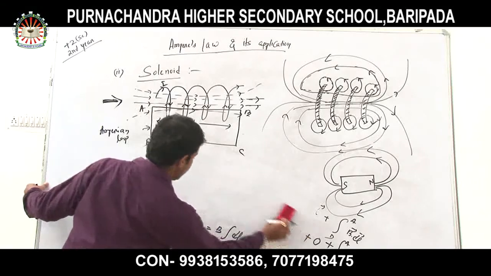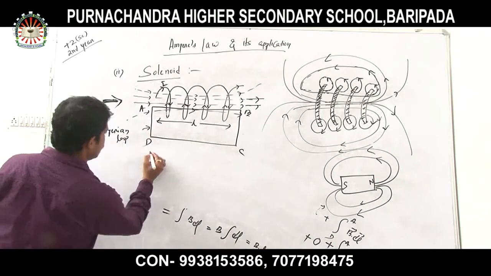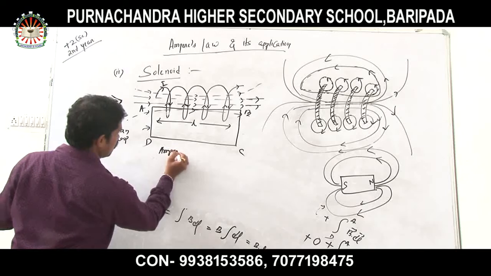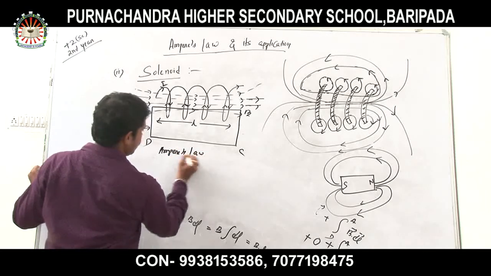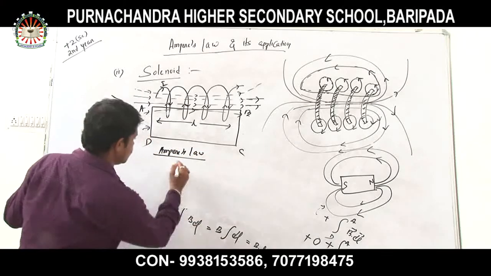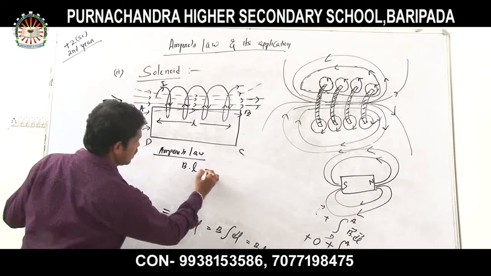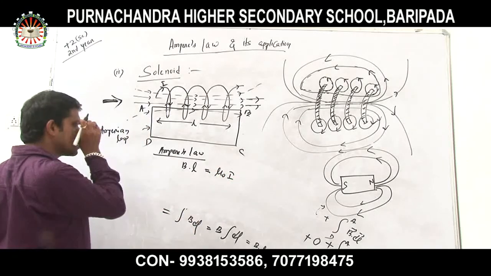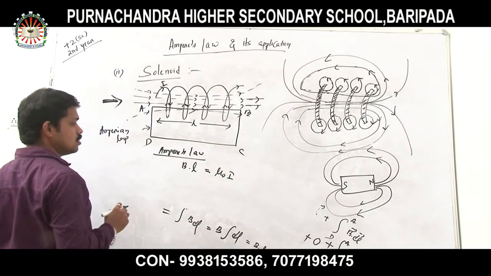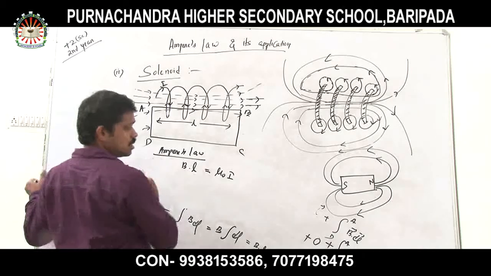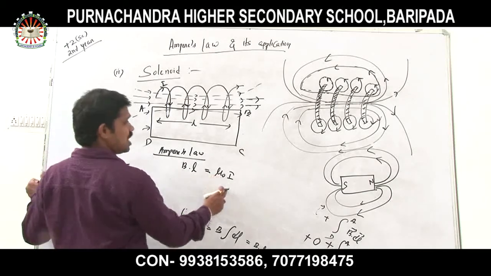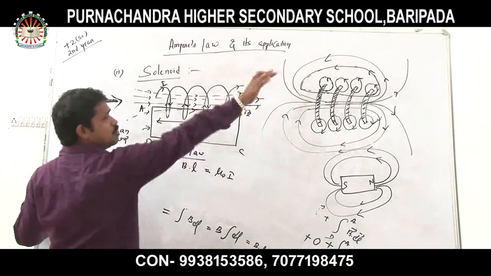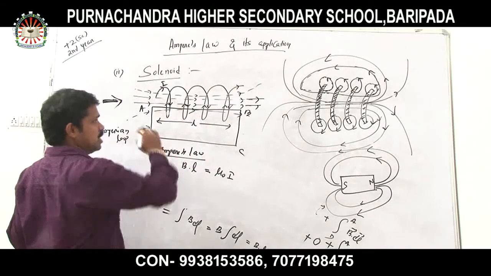So now applying Ampere's law, this is my BL equal to mu 0 I. But the question is, this is mu 0 I for how many loops? One loop, but there are n number of loops. We don't know how many loops there are.